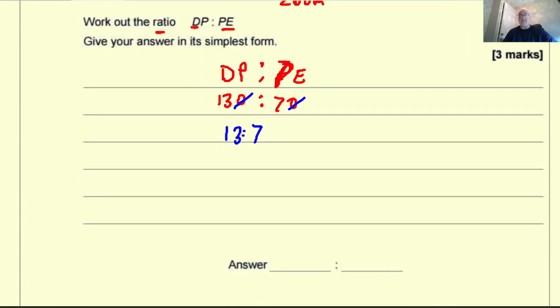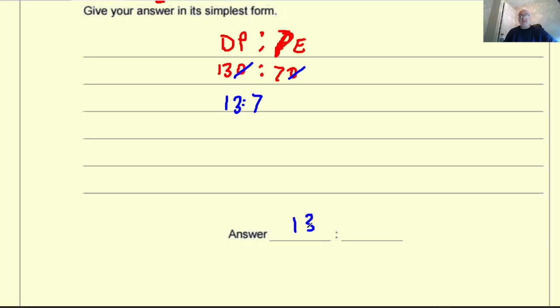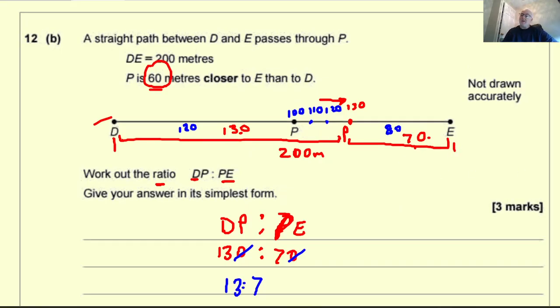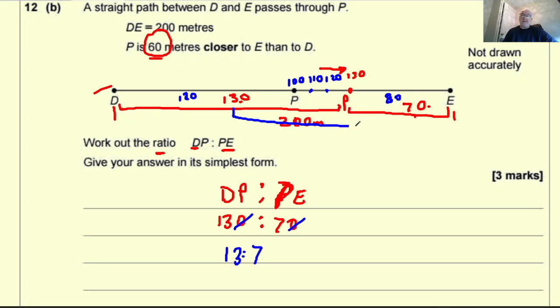So my ratio is 13 to 7. Remember, DP has to come first. And again, trying to visualize that is probably your easiest way of getting to that 60 meters closer. We want the difference between these two values to be 60.